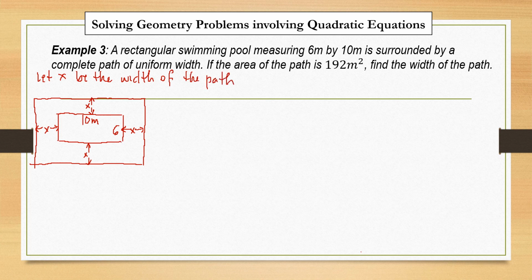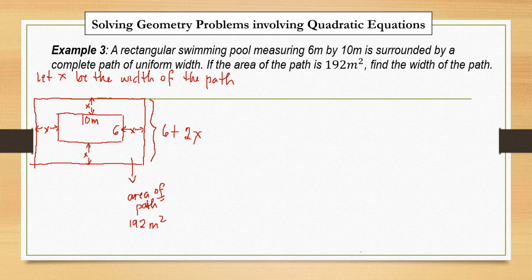According to the problem, the area of the path is 192 square meters. Now, how can we represent the length and the width of the entire figure? The width can be represented as 6 plus twice of x.